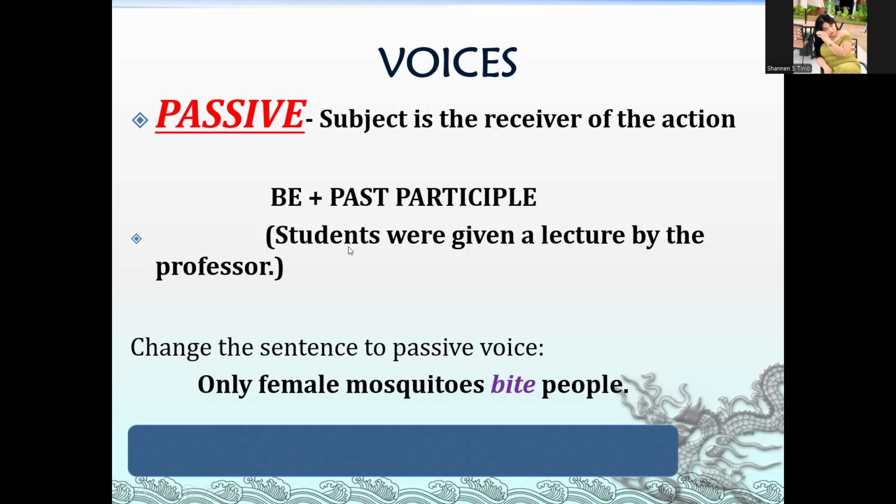Pag student lang, the student was given. Past participle, given. Nakatanggap daw ang mga students ng lecture galing kay professor. Kaya siya passive voice. Because si subject tumanggap ng action. Hindi siya yung gumawa ng action. Do you understand it? I know it's really confusing, but you just have to, pag tinagalog ko naman naiintindihan niyo, right?